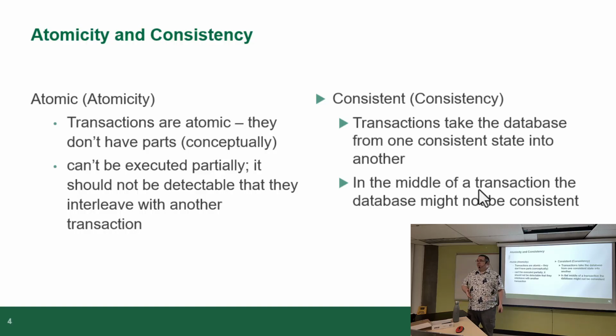It's all or nothing. That's why it's atomic: you can't break it up, because when you split an atom, things go boom. If you split a transaction, things go boom to the database. Consistent: the transaction will take the database from one consistent state to another. During the transaction, the database might not be consistent. I've got examples in a minute to explain that.